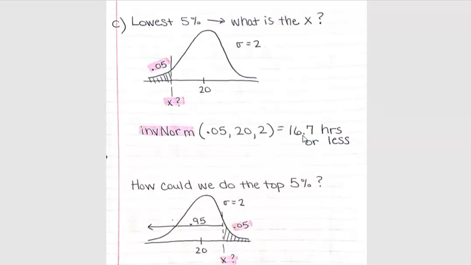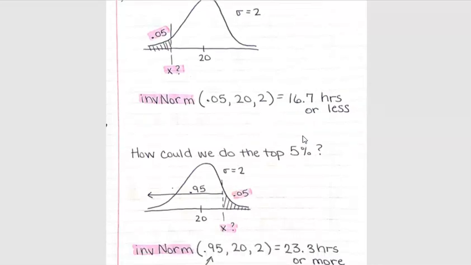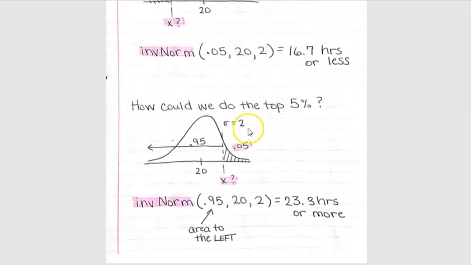So just as an additional question, how would we do the top 5%? Okay, so to do the top 5% of that same distribution, we're looking over here in the right tail. But for the inverse norm, you're still going to put the area to the left. So the area to the left of the X for this one would be 0.95, right? We would do 1 minus 0.05, and that's how we get the 0.95.